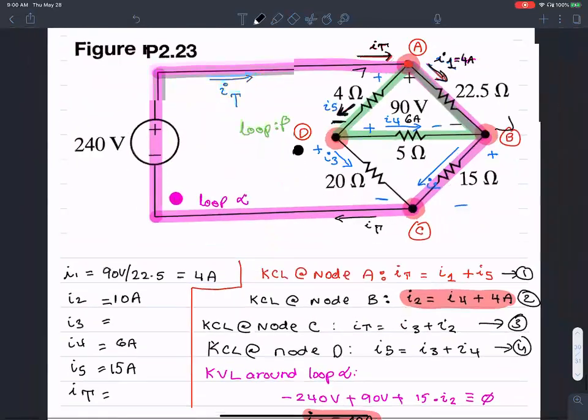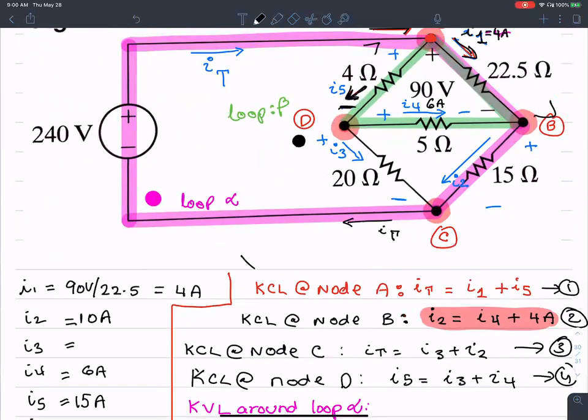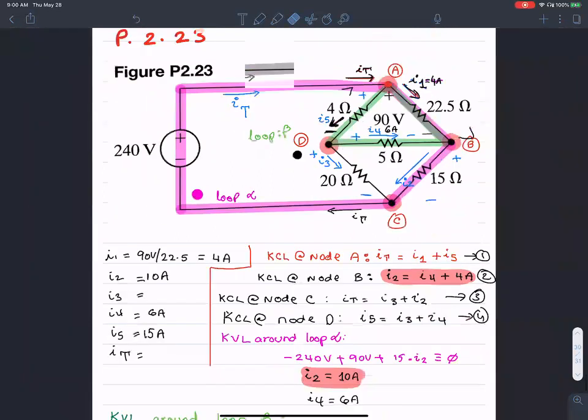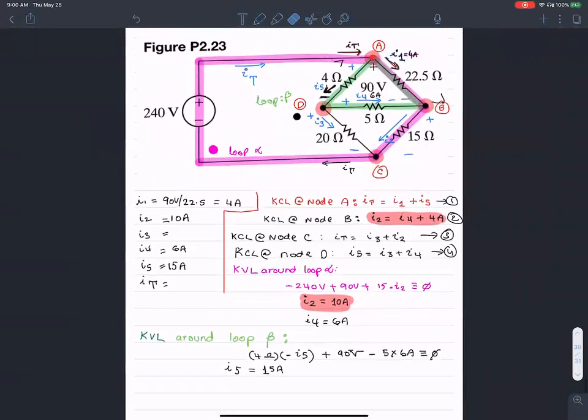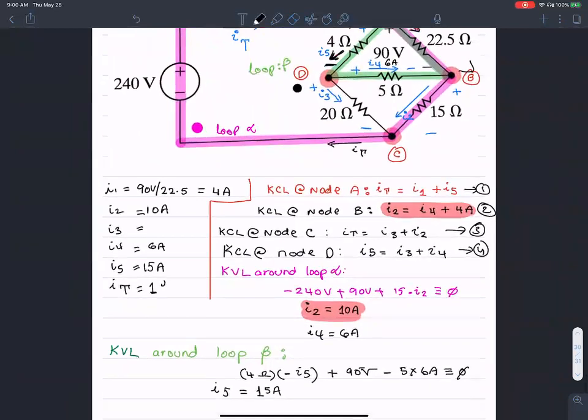So using the equation that I already set up for KCL at node A, I should be able to calculate the value of I total. So I total would just be 19.